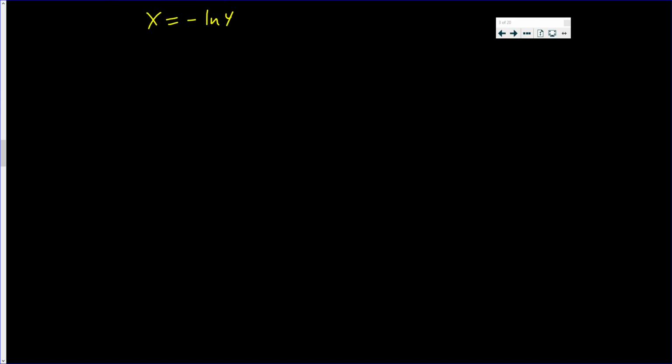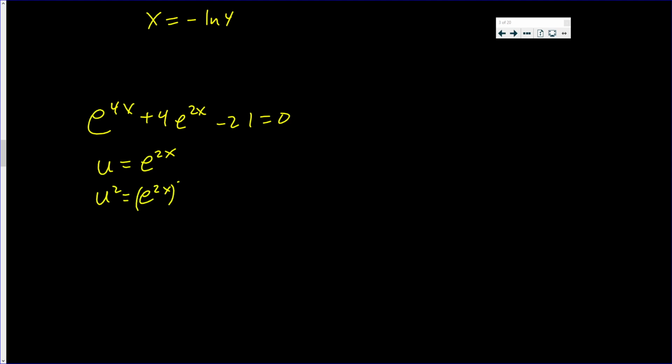Now, suppose you wanted to solve e to the 4x plus 4e to the 2x minus 21 is 0. Well, this is a quadratic equation. If I let u equal e to the 2x, if I square both sides, the left side will be u squared, and the right side will be e to the 4x.